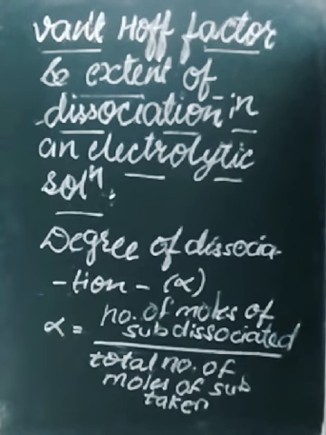Now let us see mathematically the relation between i and alpha, van't Hoff factor and extent of dissociation.